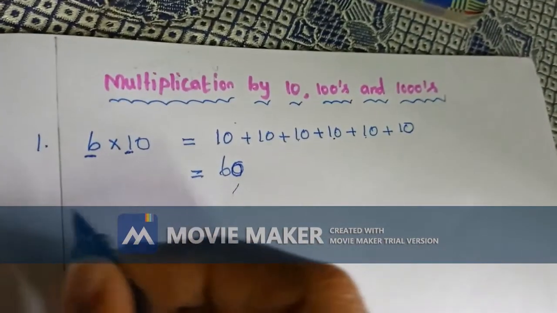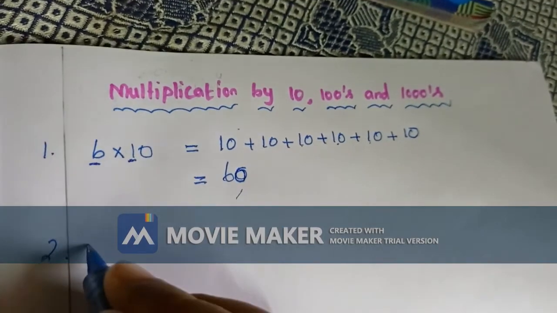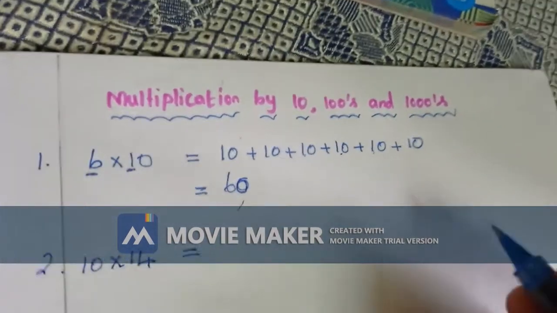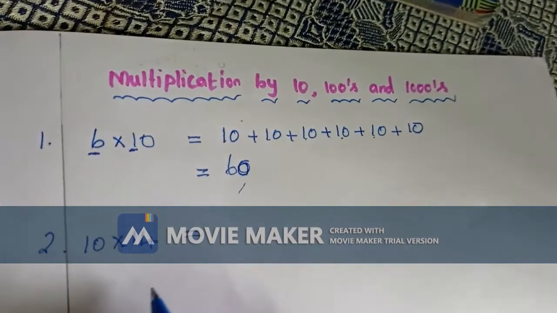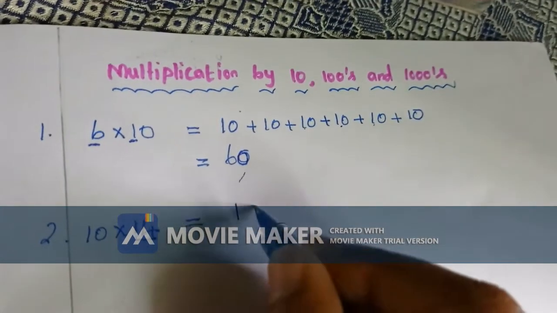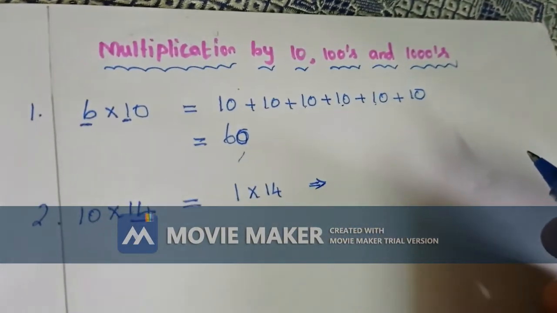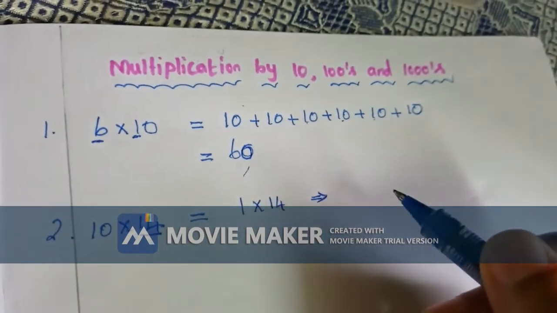Now let's look at some more examples. 10 multiplied by 14. First we have to multiply this 14 by 1. We know that if you multiply any number by 1, we get the same number itself.